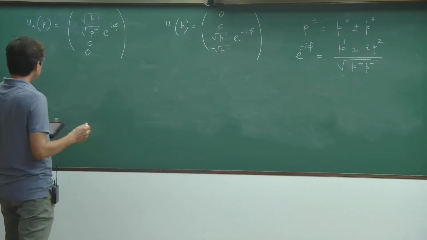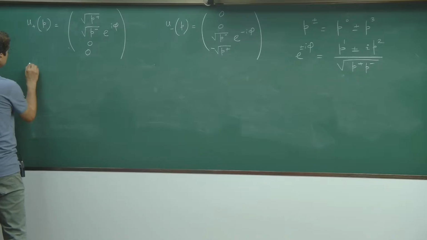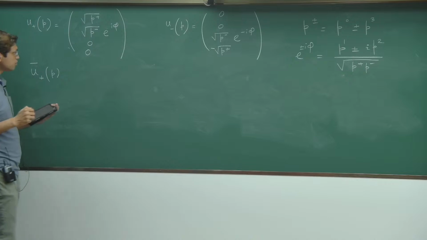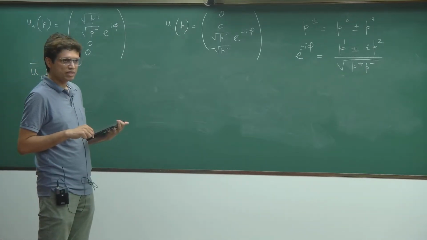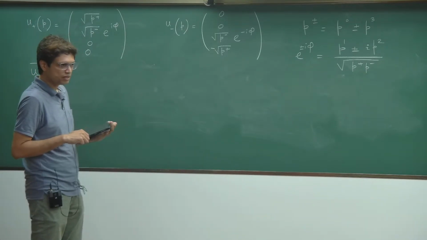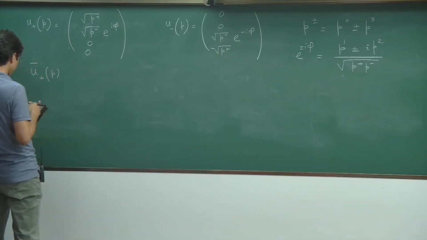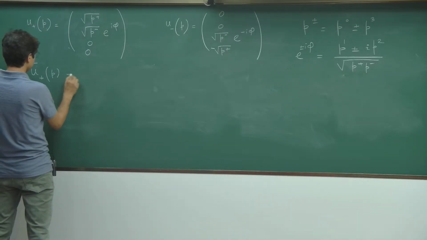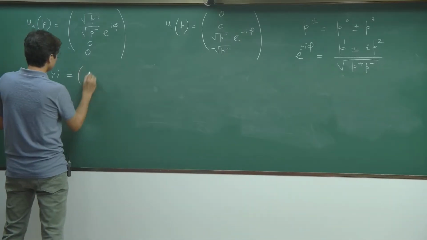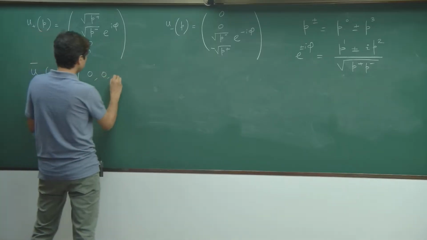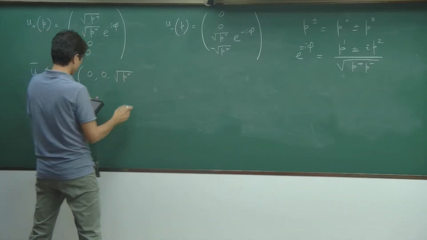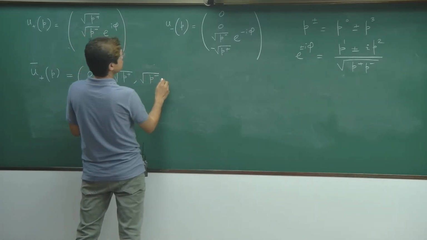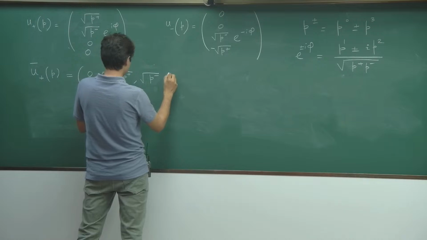For completeness, let me write down the u bar also. This is e power i phi. Okay. So u plus bar is 0 0 root over p plus, root over p minus e power minus i phi.